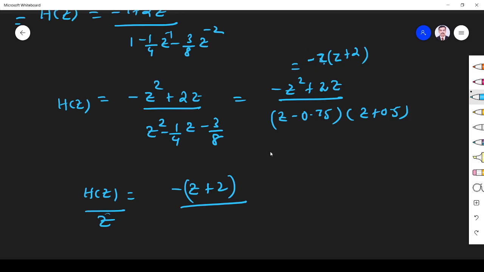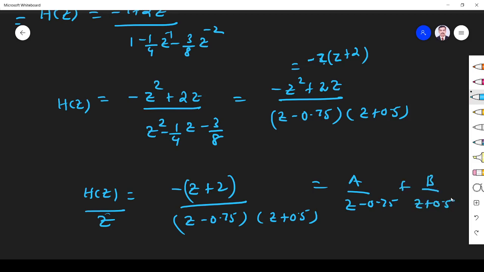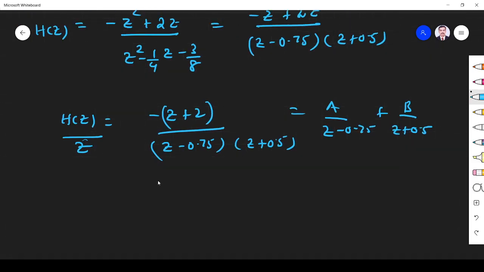This z will come here. So H of z by z is minus of z plus 2 divided by z minus 0.75 into z plus 0.5. So make it A by z minus 0.75 plus B by z plus 0.5, taking the partial fraction. Right, so A will be equal to minus 2 and B will be equal to plus 1.